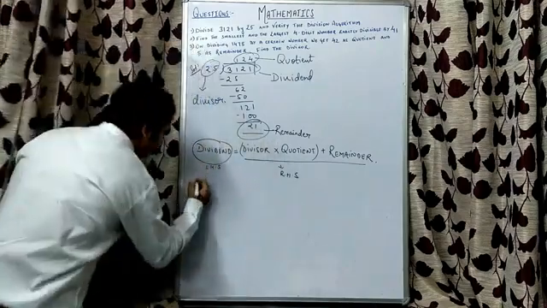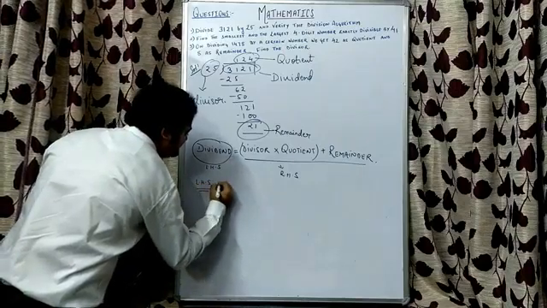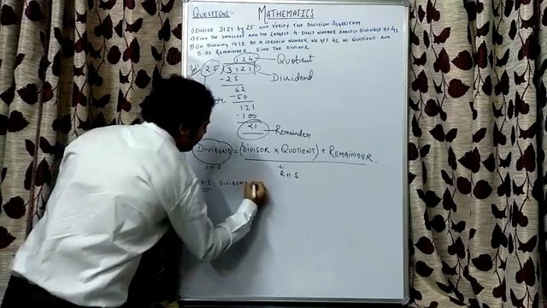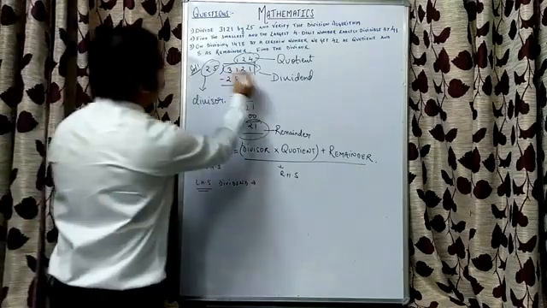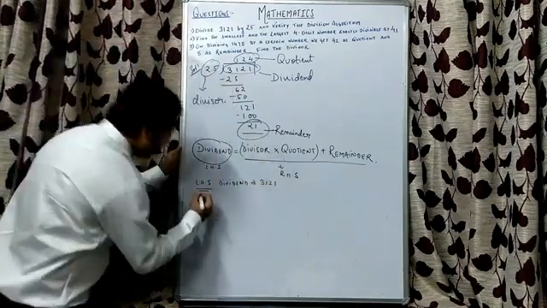Right? So in the LHS, that is the left hand side part, we have got dividend. And the value of dividend is 3121. We cannot further simplify this. Right?